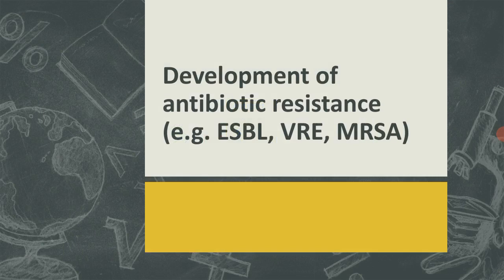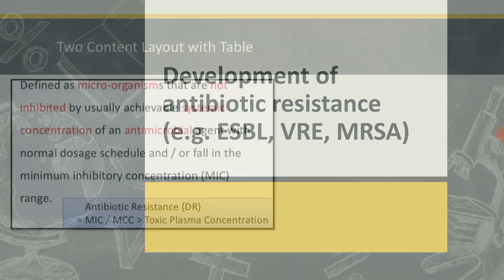Now we will see how this antibiotic resistance developed, and we will see some of the most famous examples of these antibiotic resistant strains. We will look into that also.